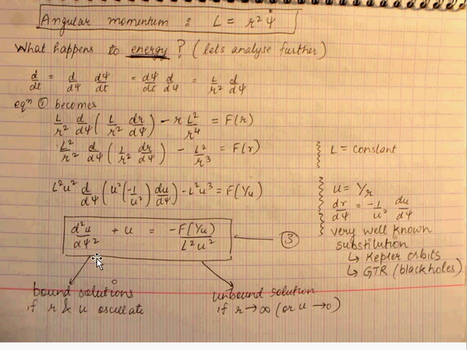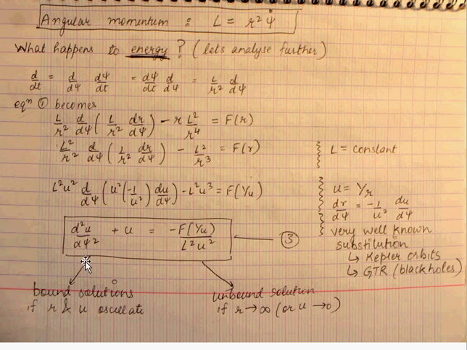In many cases, depending on the potential or force per unit mass, this equation can be analytically solved and you get an analytical solution for r. Sometimes it's not solvable and you have to numerically integrate it and see the orbit evolve, right?